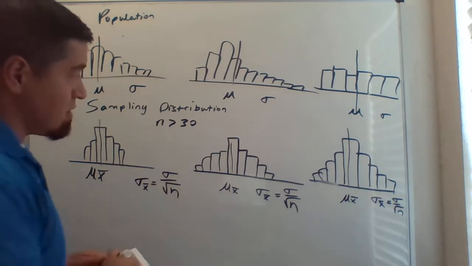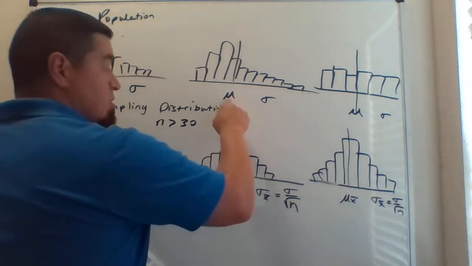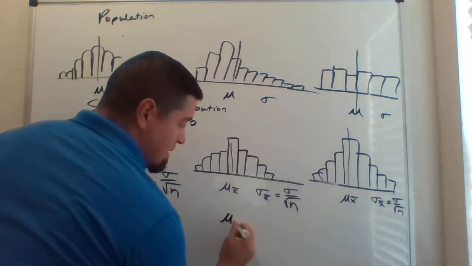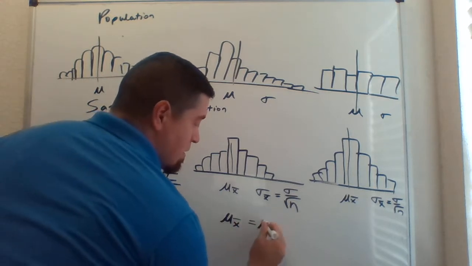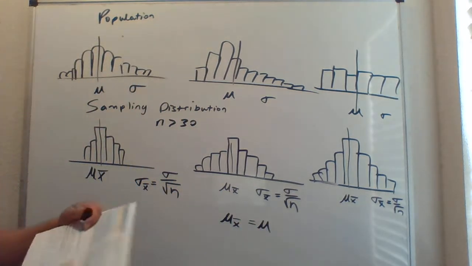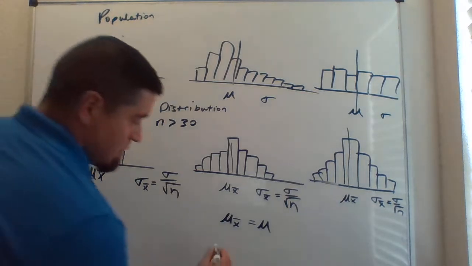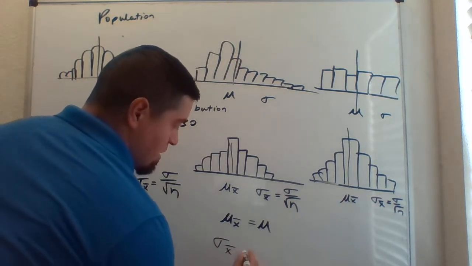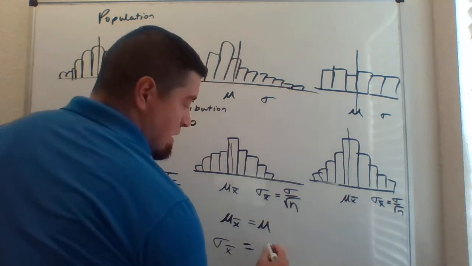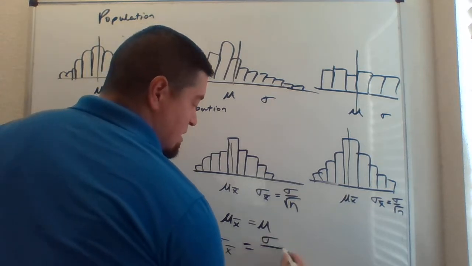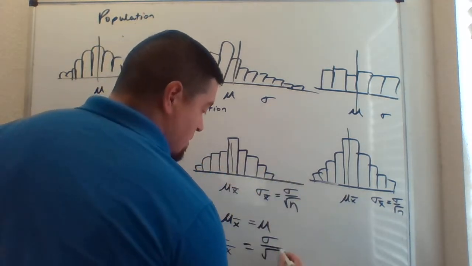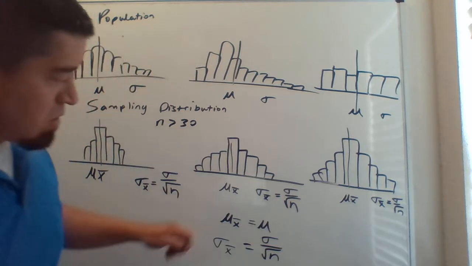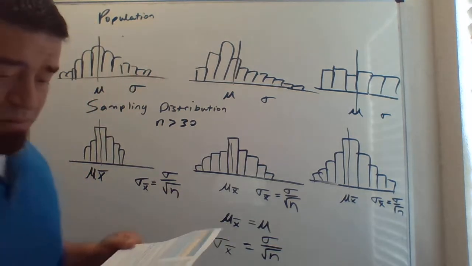But what they do tell you is that the mean of the sampling distribution equals the mean of the population. That's important. Okay, the mean of the sampling distribution equals the mean of the population. Also, what they tell you is the standard deviation of the sampling distribution is the standard deviation of the population divided by the square root of n. Okay, so these are two important relationships that we need to understand.